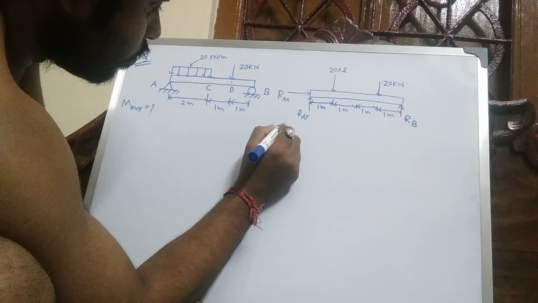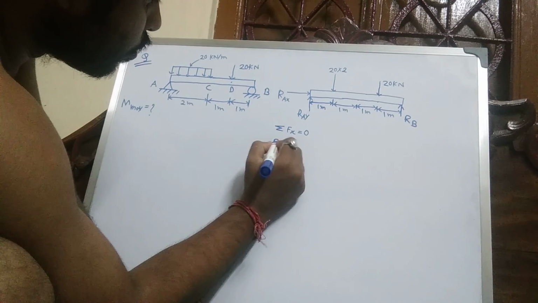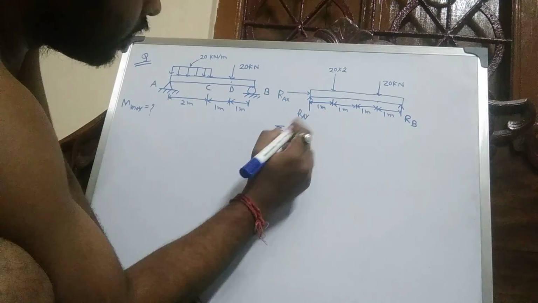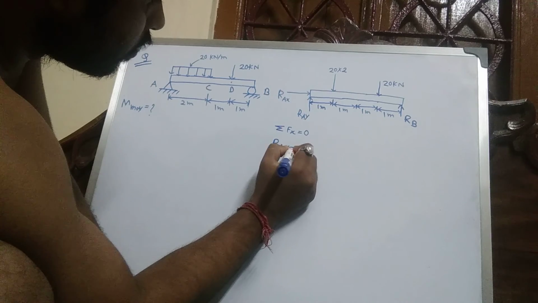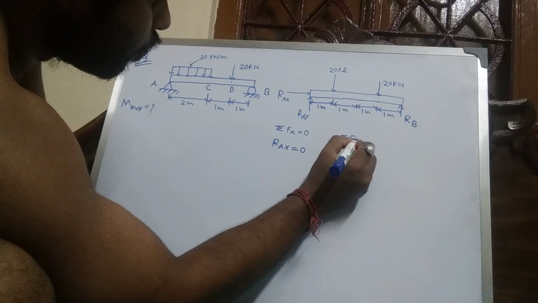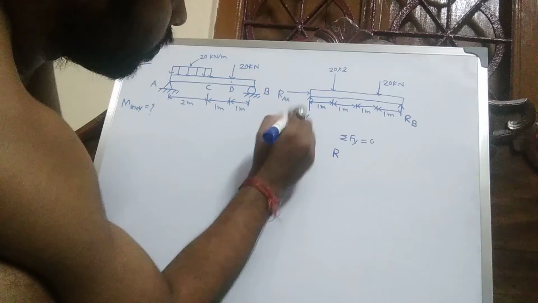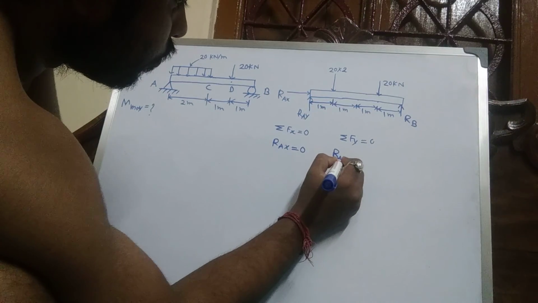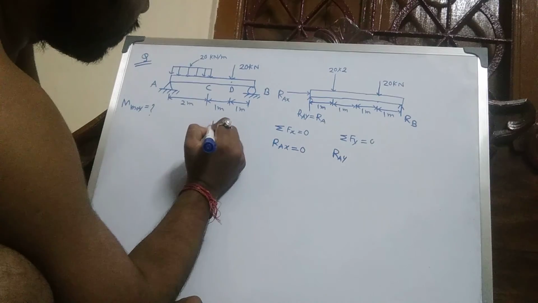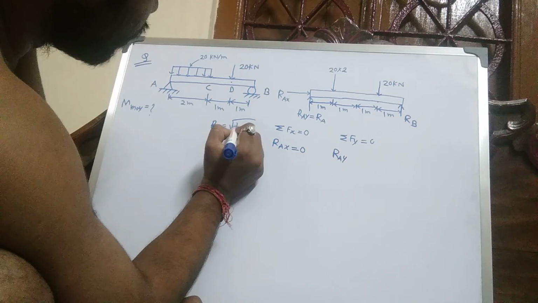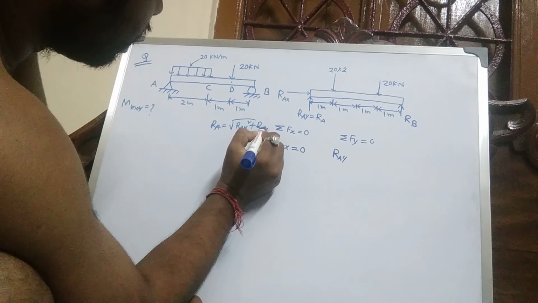Here, in the static equilibrium condition, summation of Fx equal to 0. So there is only horizontal force, equal to 0, and summation of Fy equal to 0. Vertical upward force is positive, so we know RA equal to the resultant of RAX and RAY.